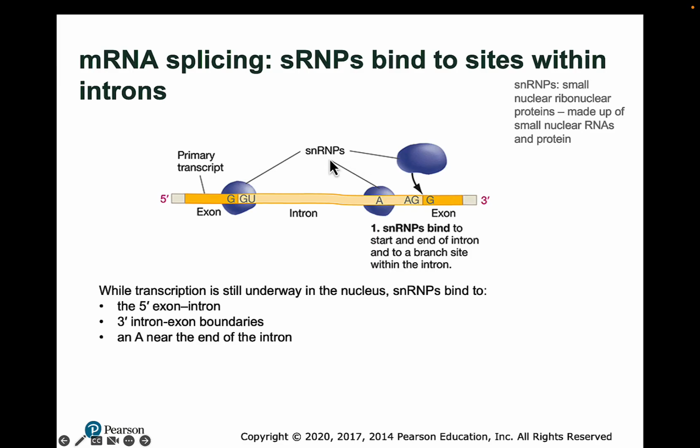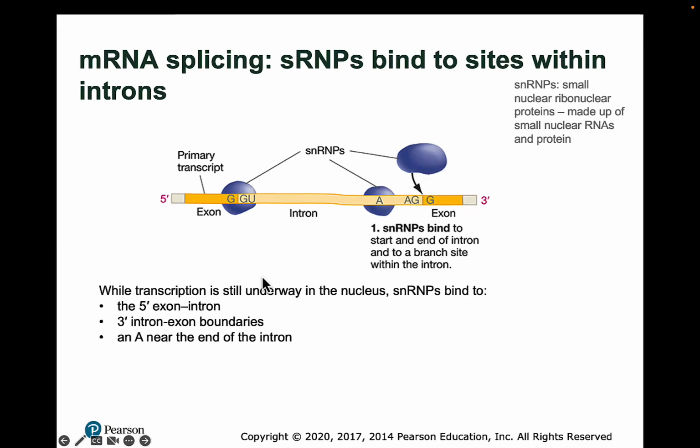Okay, so SNRPs are small ribonuclear proteins, okay, that also contain nuclear RNAs. Okay, so the nuclear RNAs are actually what are catalytic. They're actually going to do the enzymatic work here. But these are protein RNA complexes.